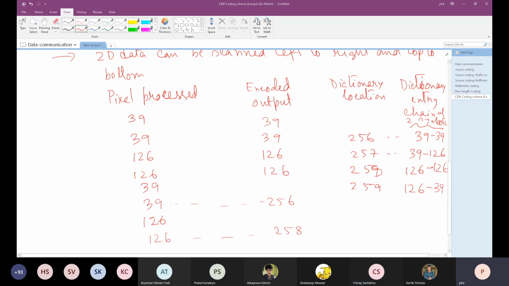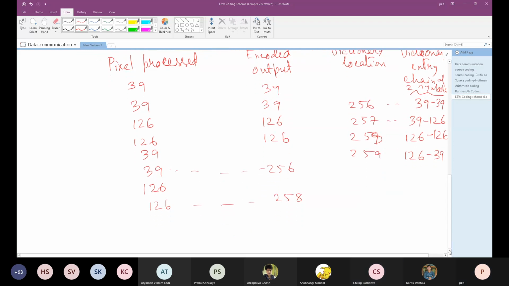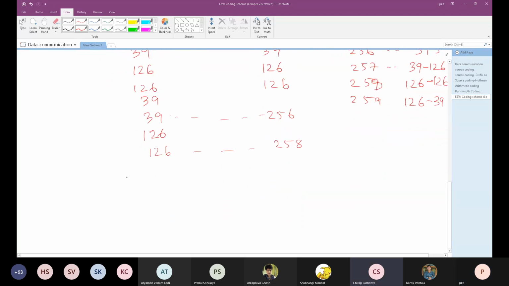Ultimately this dictionary location, whatever values we are storing, that output will give corresponding to two symbols. And this will grow further, like say 39.